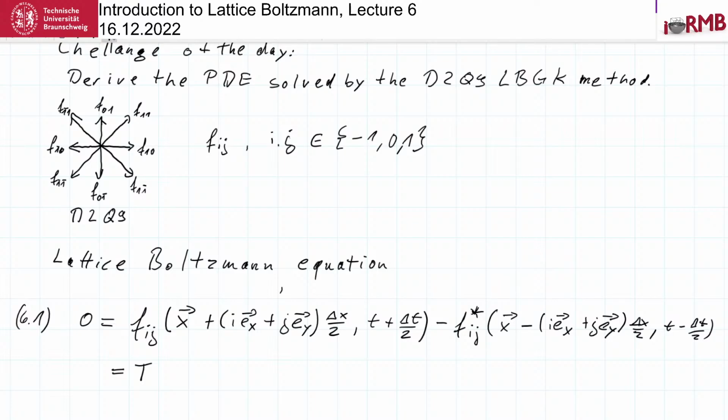So this is the post-collision state, the pre-collision state, and this is the post-collision state. The post-collision state will move one full grid spacing in one full time step, but in order to make the equation symmetric, we regard the post-collision state at -1/2 time step and the pre-collision state at +1/2 time step. This is for simplifying the analysis in principle.